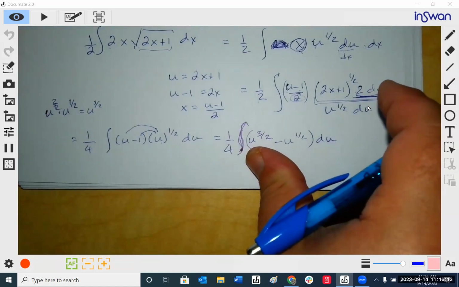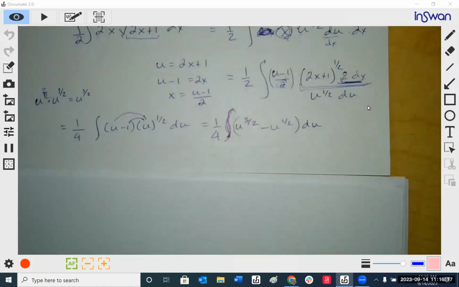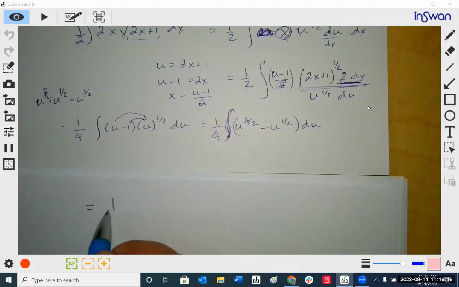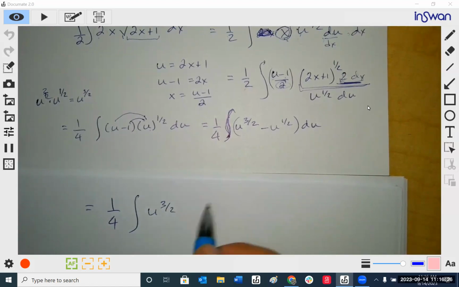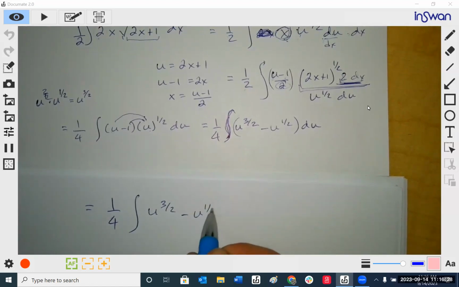Go to the next page. So we have 1/4 integral of u to the 3/2 minus u to the 1/2 du.